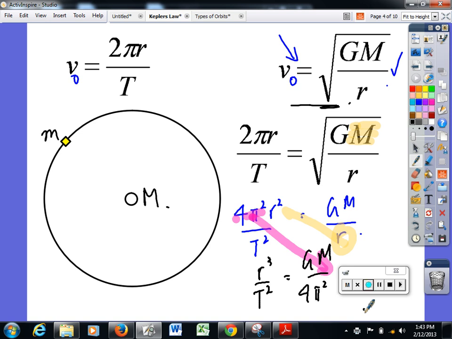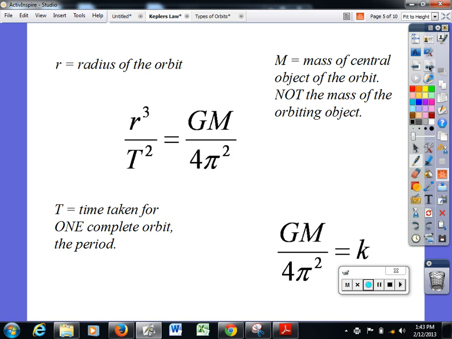Okay. So that gives us the final equation for Kepler's law. Now, it's r cubed on T squared, that's the thing that I showed you before. But the other side, a few moments ago, you saw the letter what? K. Now, why is the other side a K?